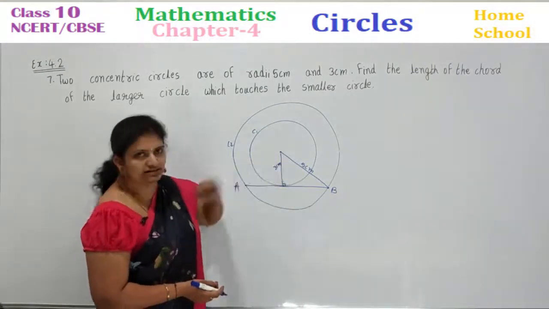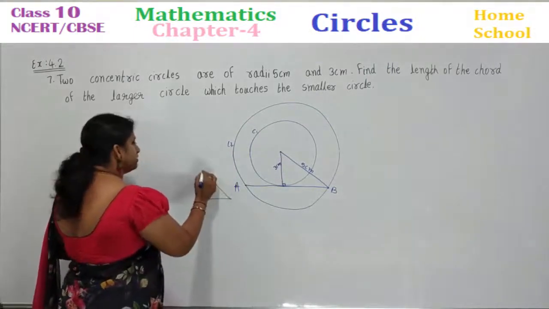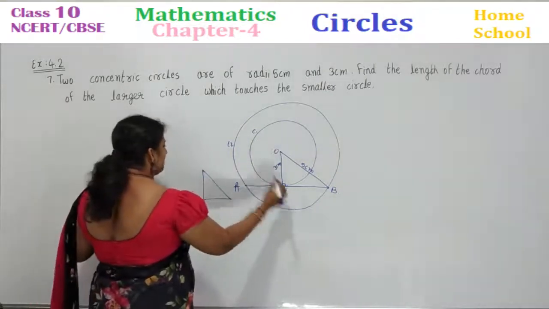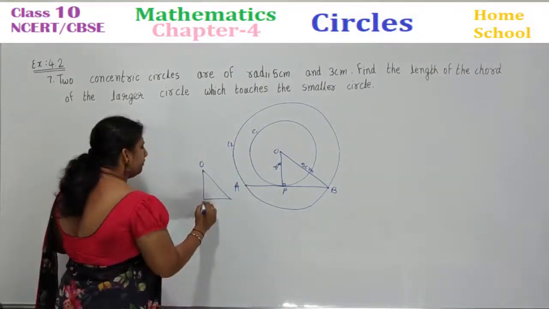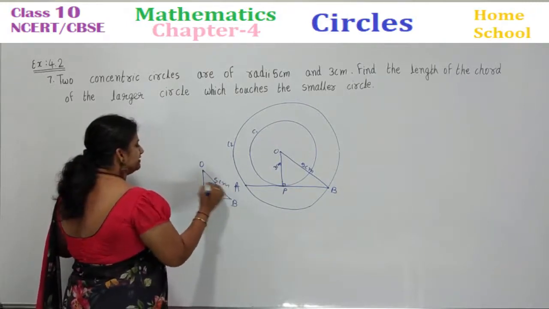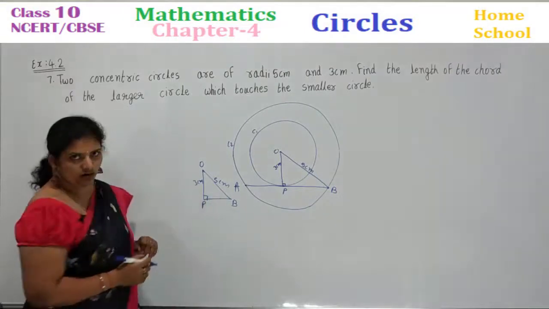Now observe only this triangle. That is, just observe only this much, children. Let this be the center O and let this be P. O, P, B. 5 centimeters, 3 centimeters. What is the length of the chord?